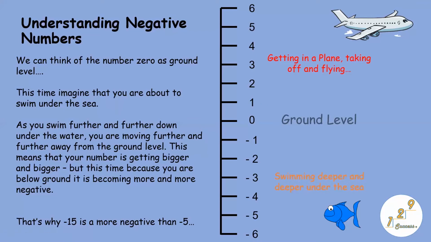Now, if we count downwards or we count left on our number line, then our numbers are getting smaller, and that's how we can have a number that's smaller than 0. Sometimes it can be hard to see that, but it's really important you get your understanding of that here and now. And if you need to, you can pause the video and rewind.